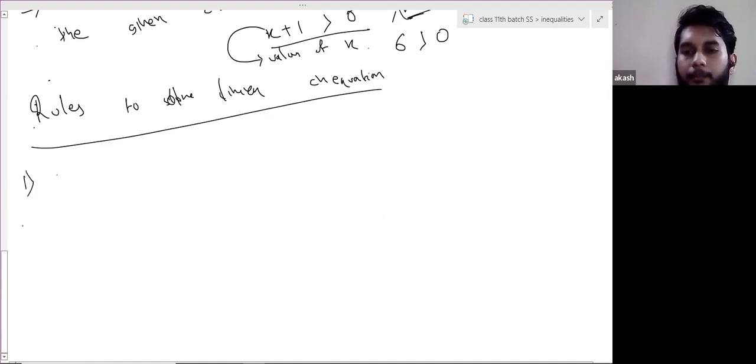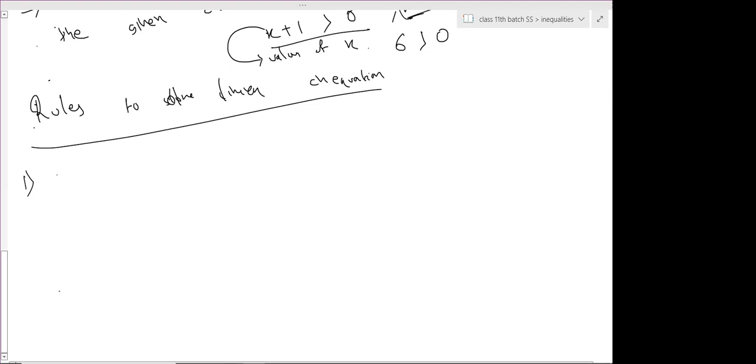Same number can be added or subtracted from both the sides of an inequation without changing its sign. Absolutely.